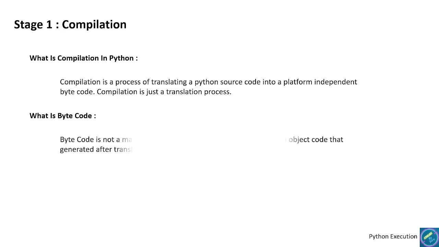So what is bytecode? Bytecode is not machine code and is not executed by the CPU itself. It is an object code generated from the translation process, that is, the compilation process. It is not actual code run by any operating system, but bytecode that is understood by the Python virtual machine.